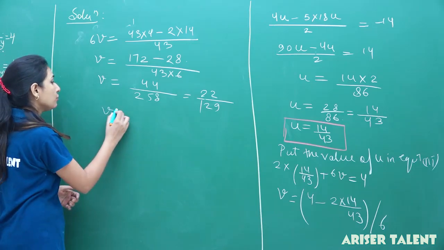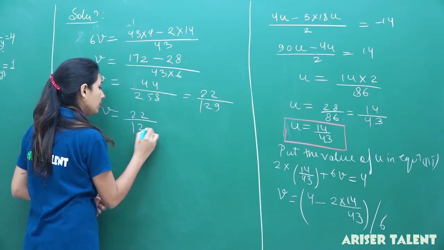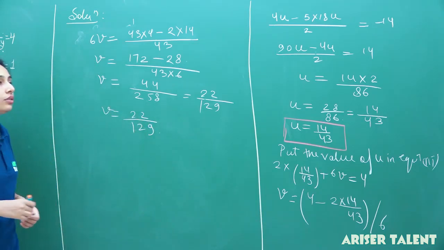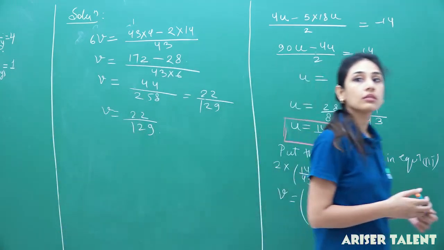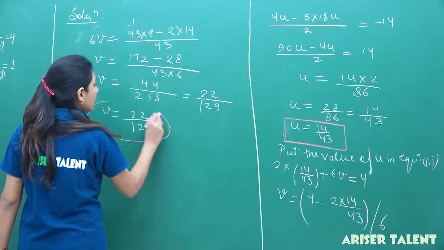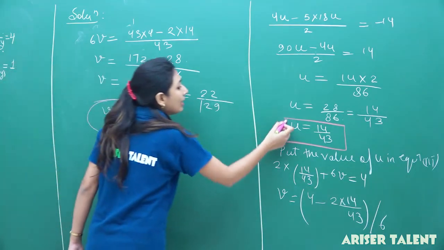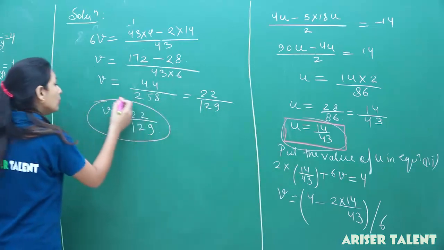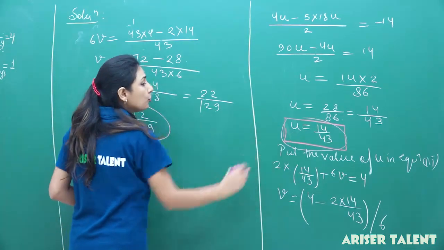So, v equals 22 upon 129, right students? Note this. Now you have the value of v and the value of u.